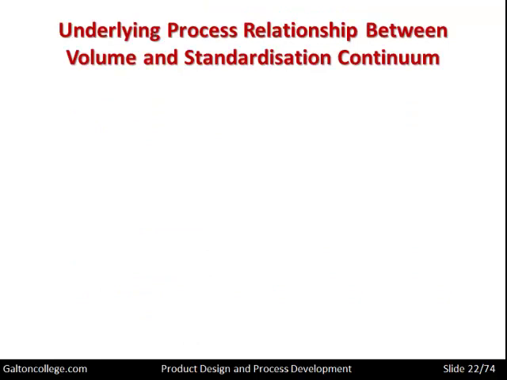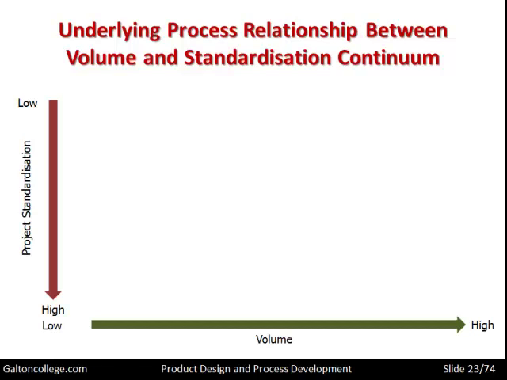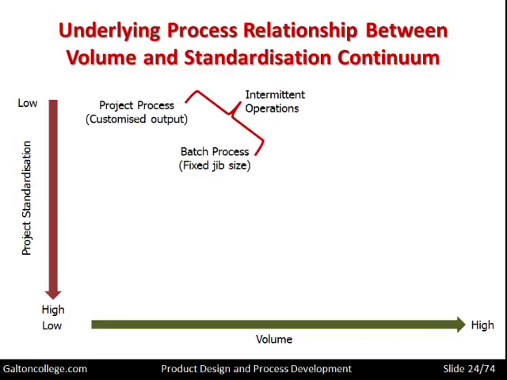Now the underlying process relationship between volume and standardization continuum. Well, if we can imagine it as a little chart like this, we could have product standardization on the vertical axis, very low standardization at the top and very high at the bottom. And we have the volume of output along the horizontal axis, ranging from 0 to a very high volume on the right hand side. Now if we insert in project process, customized projects, we've got very low standardization.